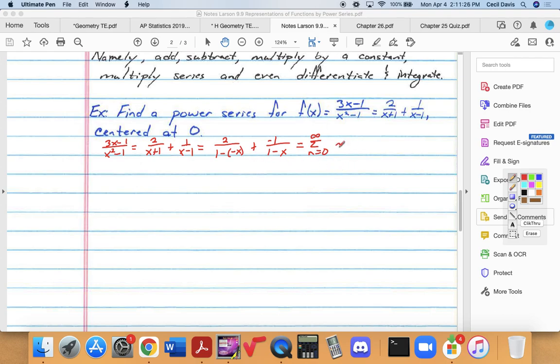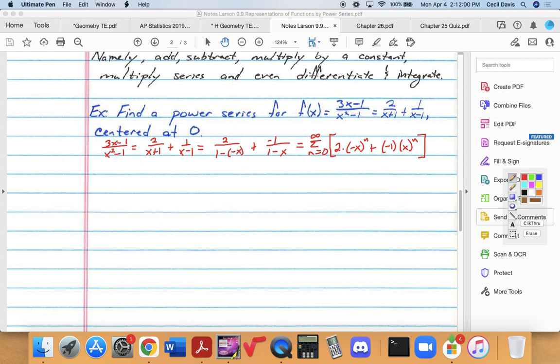For this first one, it'd be 2 times negative x to the nth, plus for the second one, it would be negative 1 times x to the nth. And you really do need to put some sort of parentheses or brackets, because otherwise it's not clear where you want to stop doing the summation.